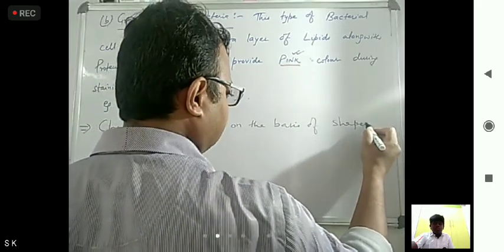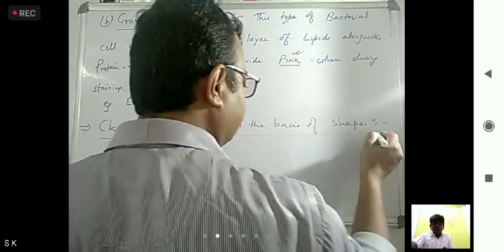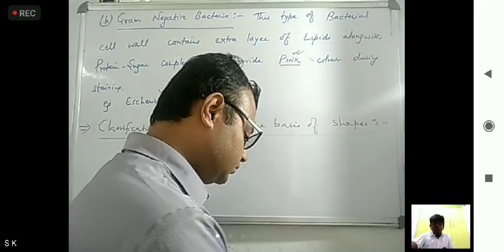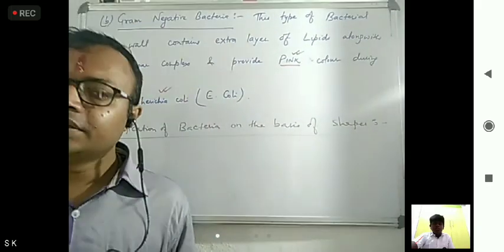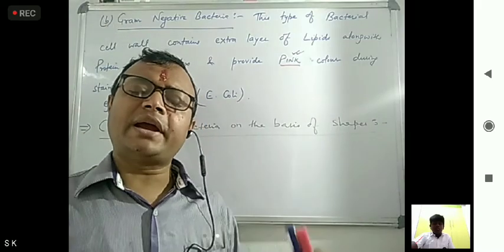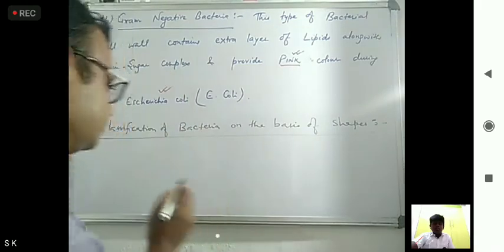Okay, so what are those that they are containing, that we have to see here? Mostly these bacteria contain 4 forms or shapes.